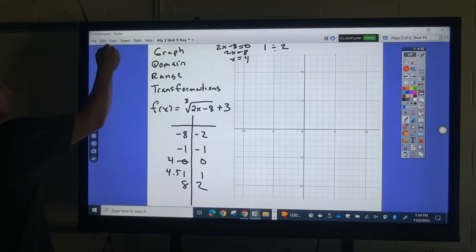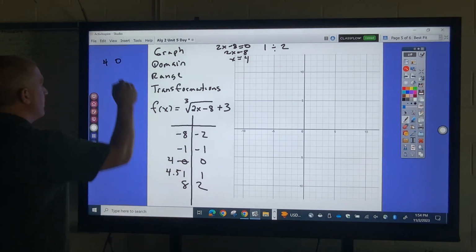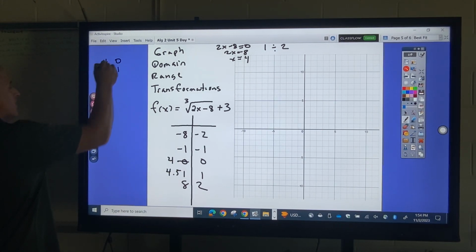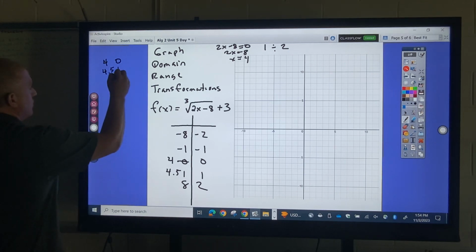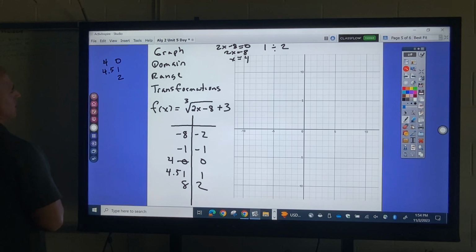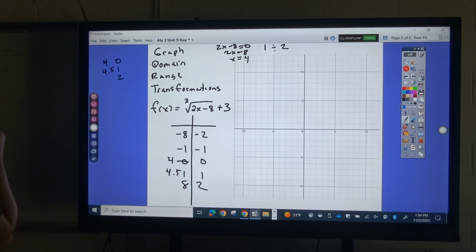Okay, so 0 is 4. Going to 1 would be 4.5. Going to 2, I get confused here for a second. 2 would be 5.